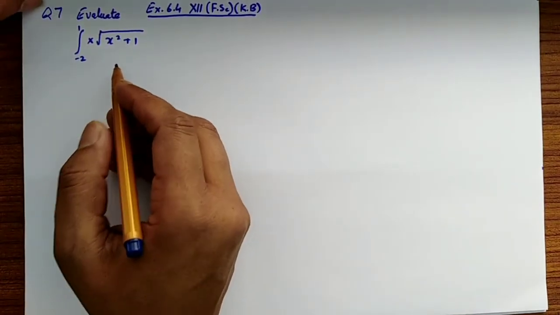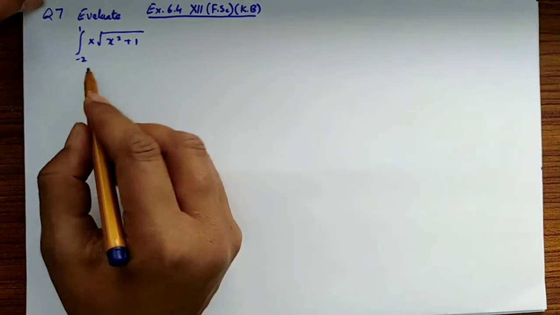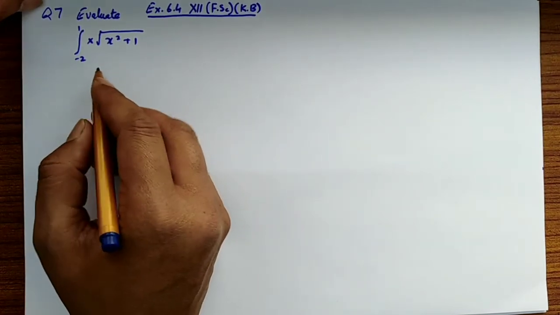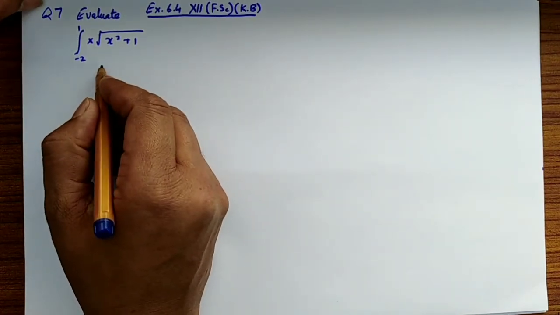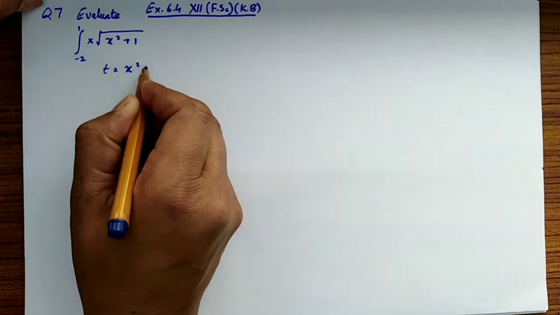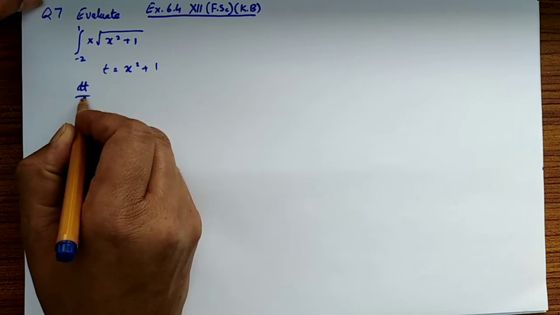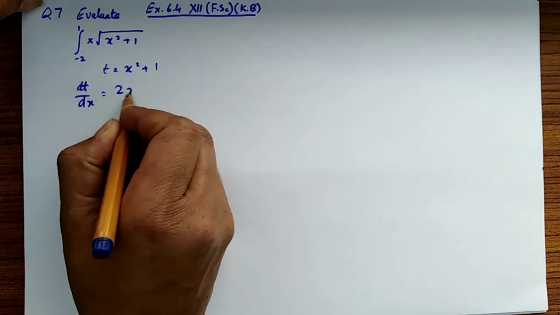Okay, this is question number 7, exercise 6.4, second FSC Karachi board. Let's use the substitution method. Let t equals x square plus 1. Taking the derivative, dt upon dx is 2x.